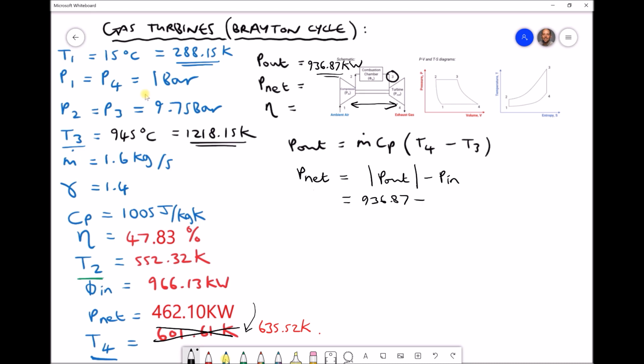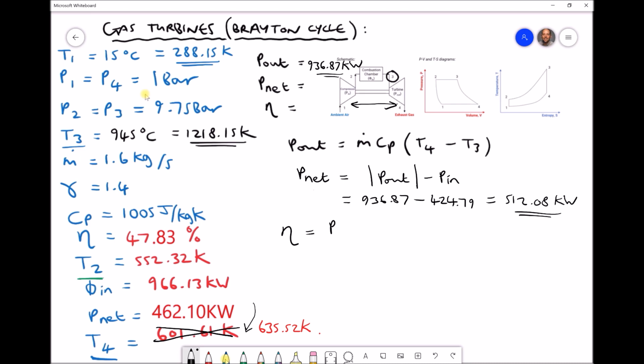The power input to our compressor is 424.79, giving us a net power output or useful power output equal to 512.08 kilowatts. What this shows is the power required to run the compressor is quite significant and it has an impact on our useful power output. So the last calculation that we need to carry out then is for our efficiency.